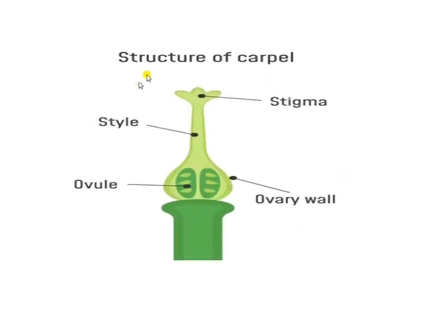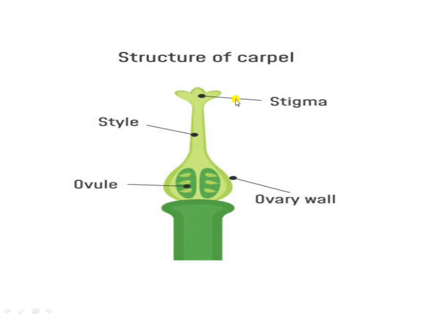The next important part is the pistil or carpel. The pistil is the female reproductive part of a flower. In male, the stamen is the reproductive part, but in female, the carpel or pistil is the reproductive part. Each pistil has 3 parts: stigma, style, and ovary.